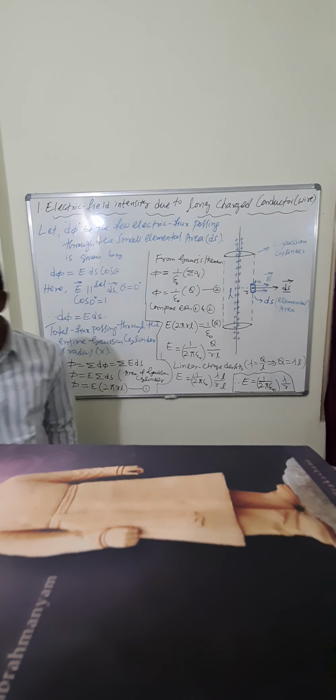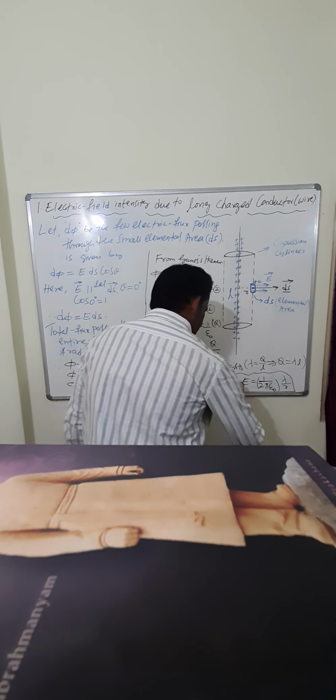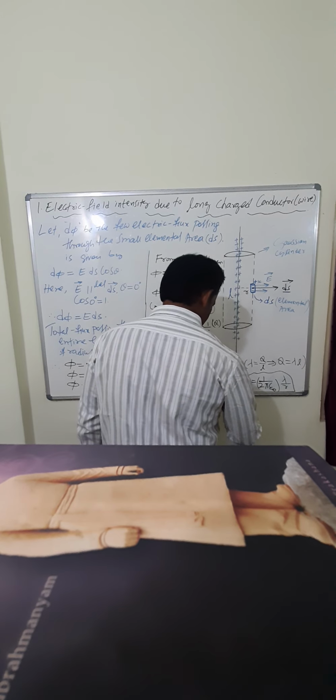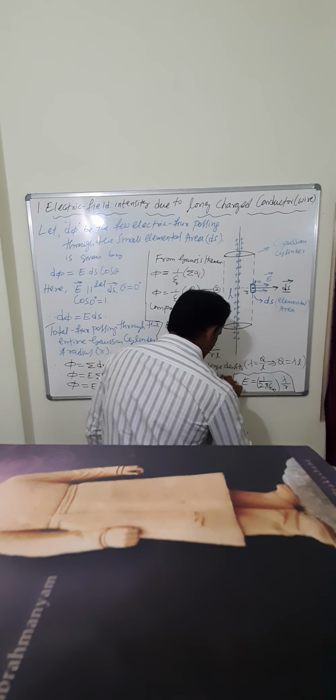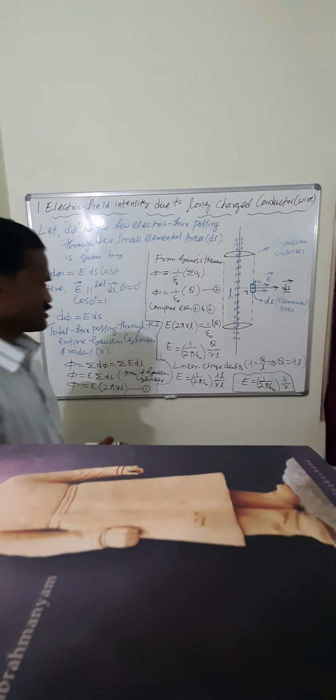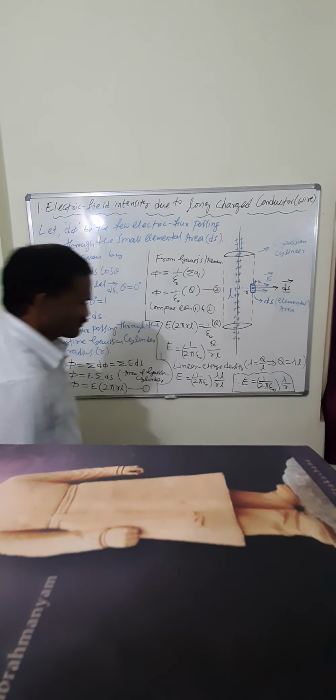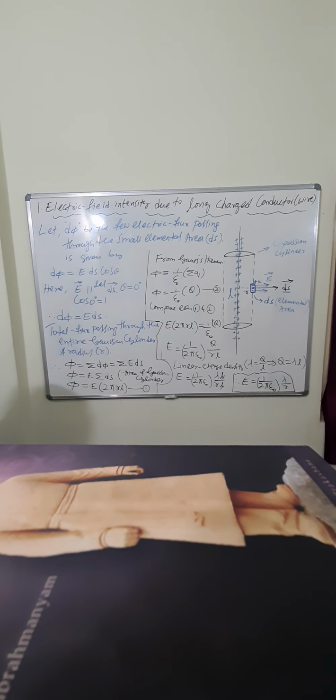Here one L is there, this is one L and this is another L. So both in the numerator and denominator, L gets cancelled. Therefore, you get E is equal to 1 by 2 pi epsilon naught times lambda by r.